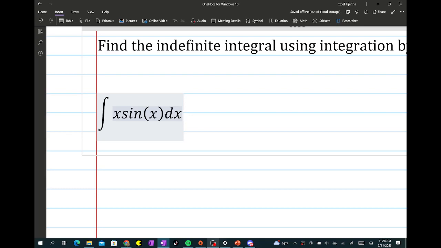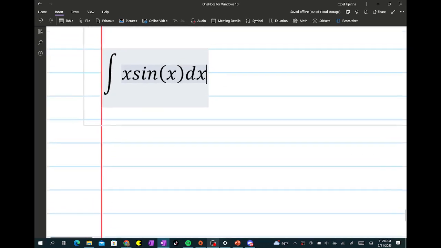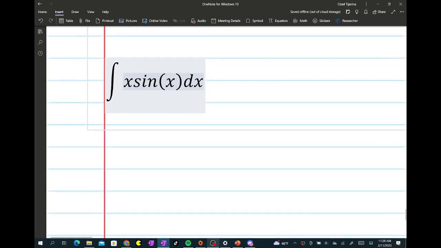So we have the integral of x sine of x dx, and I would say this is a pretty simple type of integration by parts integral, at least I hope.